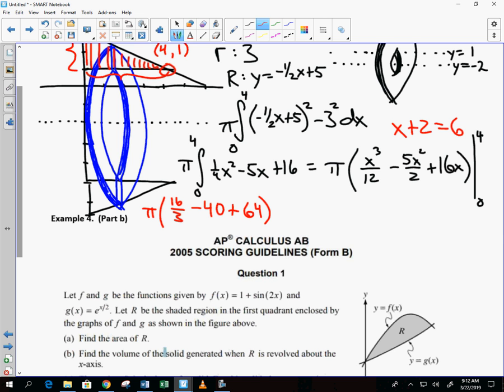So I have negative 40 and 64 make 24. So pi times 16 thirds plus 72 thirds, and I get 88 pi over 3. The answer is always beautiful, isn't it?